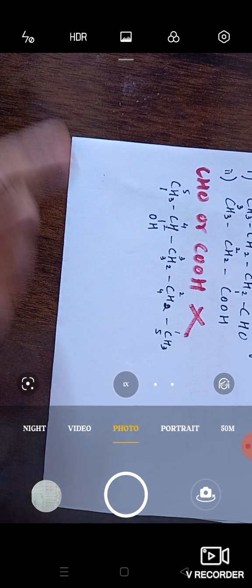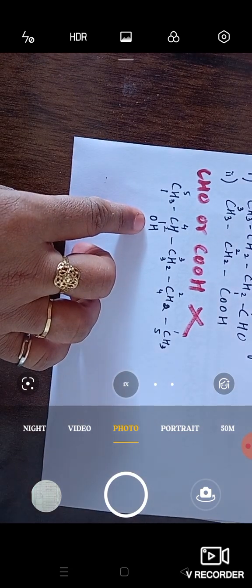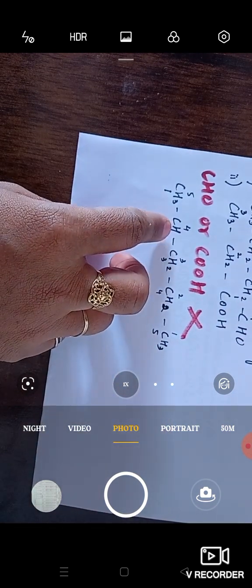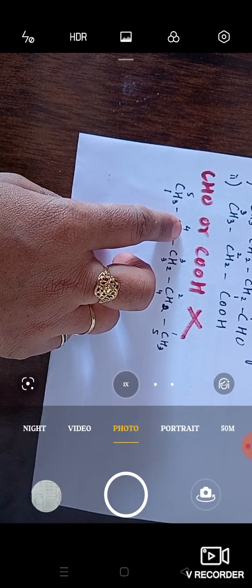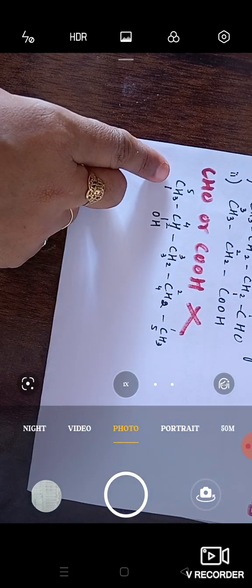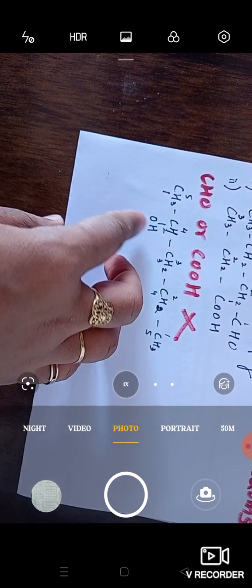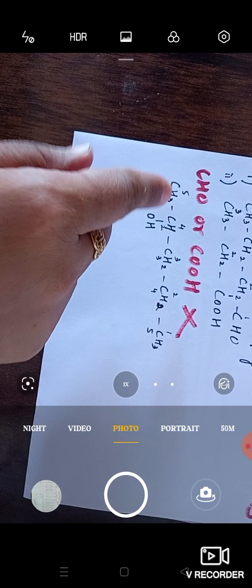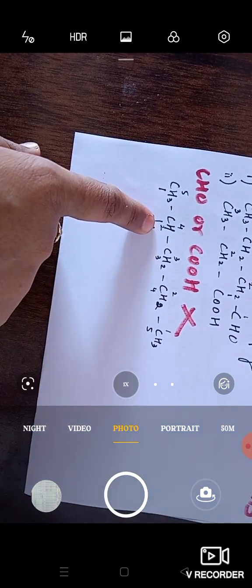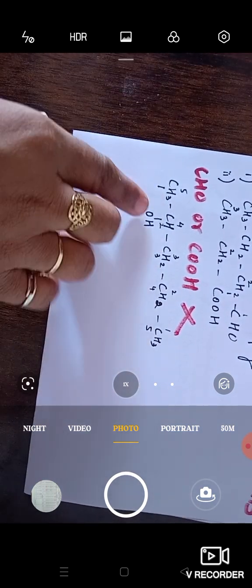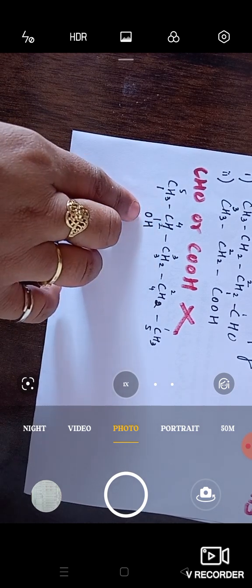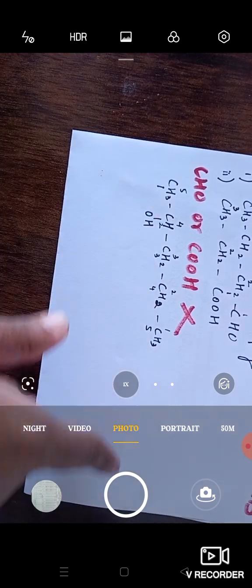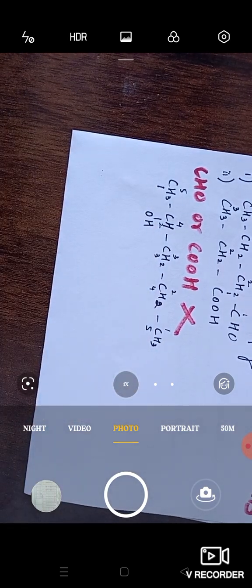Now students, if you will see here, the functional group which is present is OH. If I start numbering from here, the functional group carrying carbon atom is getting number 4, and if I start numbering from this side, the carbon atom which is carrying the functional group has got number 2. So we need to consider this one, because in this way the carbon carrying the functional group is getting the smaller number. So we need to take this direction.